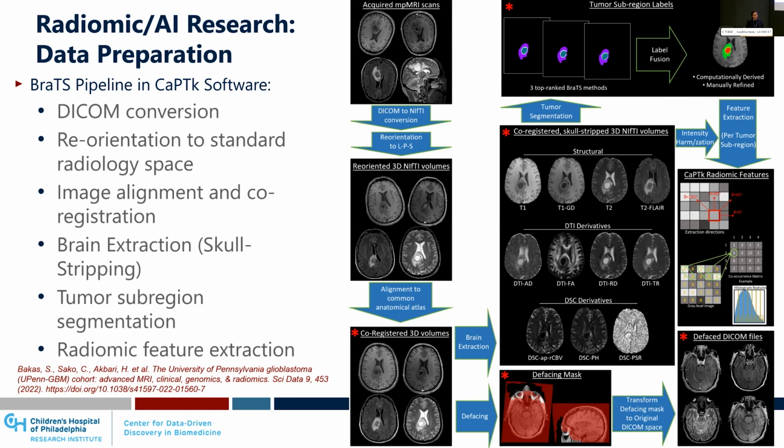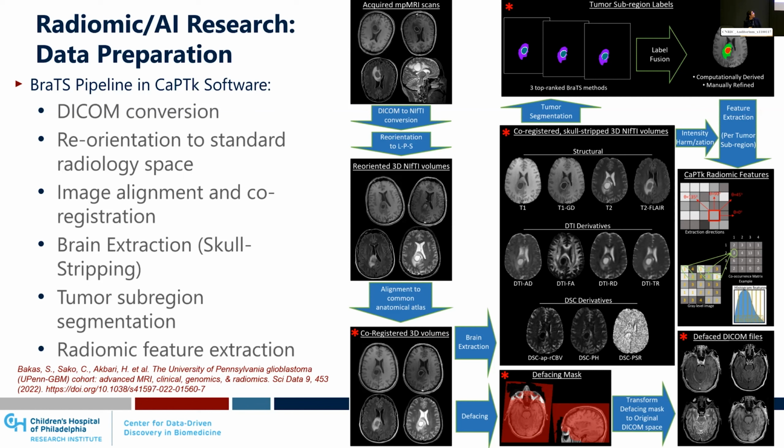One of them was developed by my previous group at Penn, which is called BraTS pipeline, which is incorporated with CaPTk software. What it does is that if you pass through DICOM images, it will convert them to NIfTI format and then reorient the images to standard radiology space, and then co-register all of the images with each other and with a reference atlas.